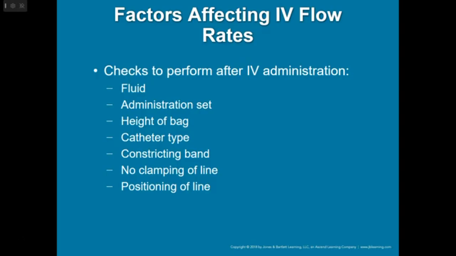Constricting band, make sure you got that constriction band off there. No clamping of the line. All those administration sets include a clamp or two. If you're using that saline lock, it's got a clamp on there. So if you're having issues with it flowing, make sure it's not clamped off someplace. Positioning of the line. If it's kinked itself off, anything like that, you want to reposition it.